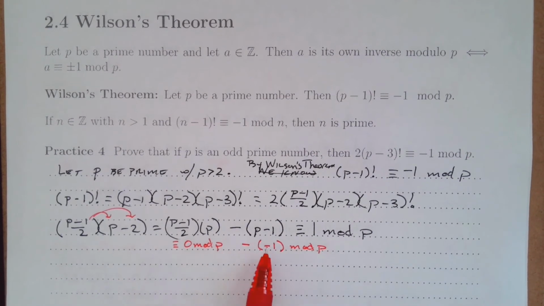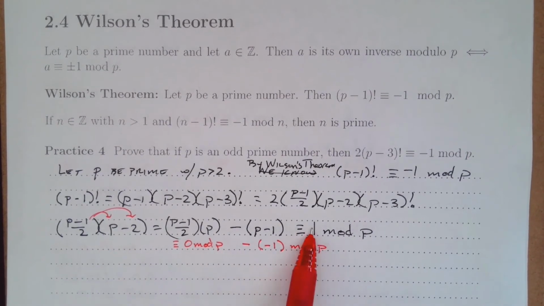So minus negative 1 gives positive 1 mod p.